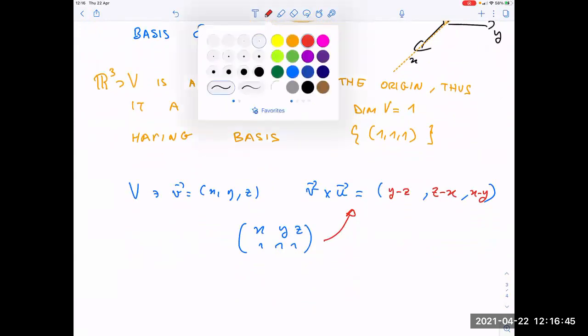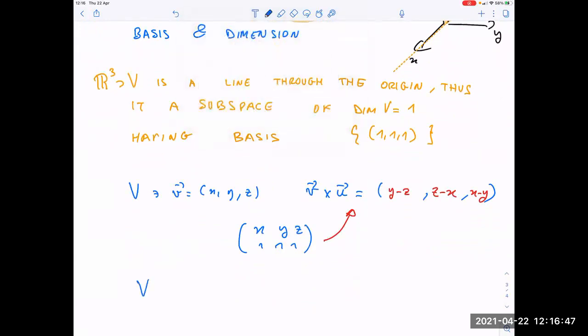So you see V is the set of vectors X, Y, Z in R3 such that Y minus Z is equal to Z minus X equal to X minus Y equals 0.